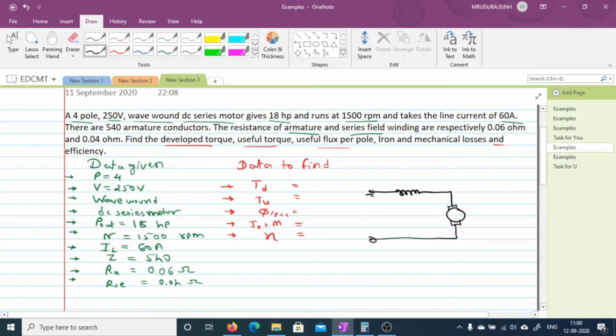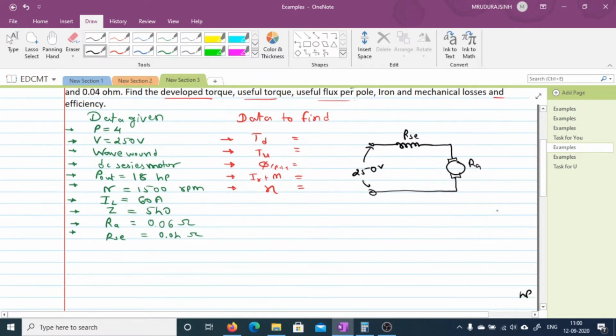A supply voltage of 250 volt is given over here. This is the series resistance and armature resistance. This is how I can prepare the diagram, and now we are going to start the solution.